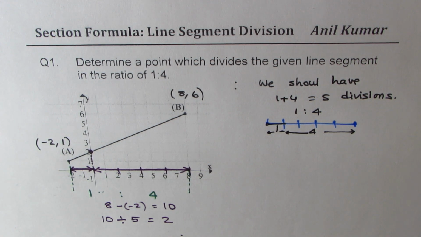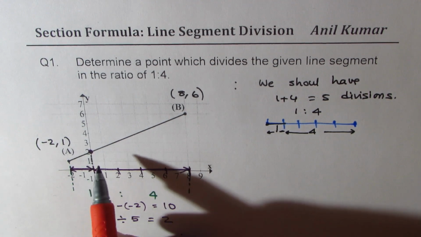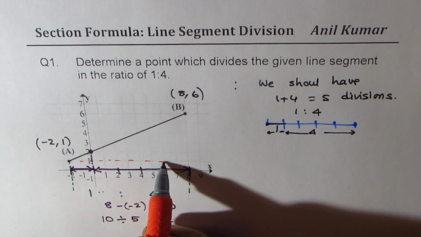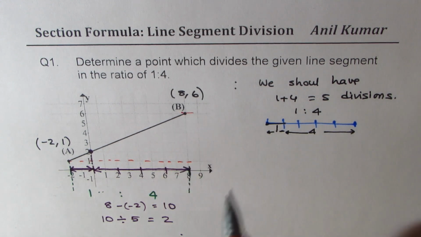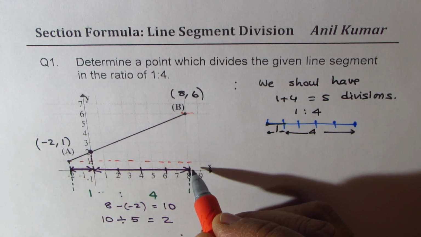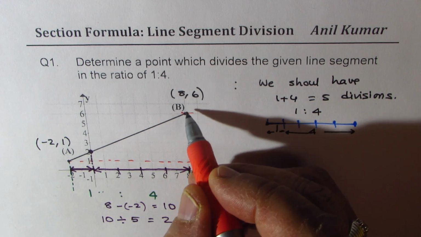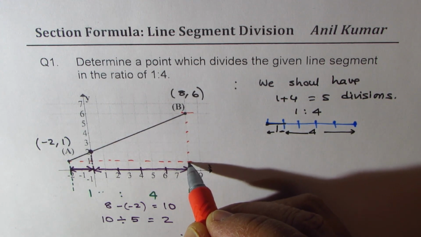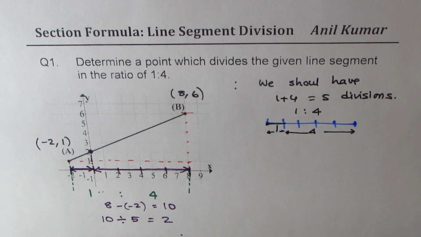Now let us verify if that is truly the correct point. So now we will look into the y-axis. Now this also should be divided into 1:4. How many units is it? 1, 2, 3, 4, and 5. I've taken simple numbers, integer values to explain the concept, but it could be worked out with any number, right?